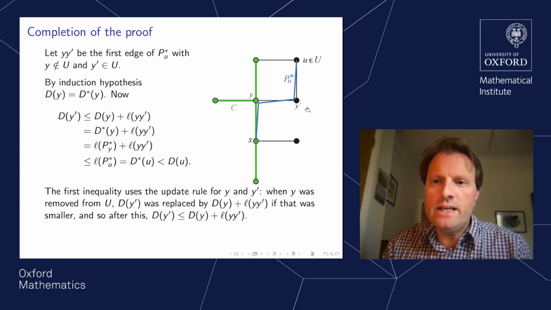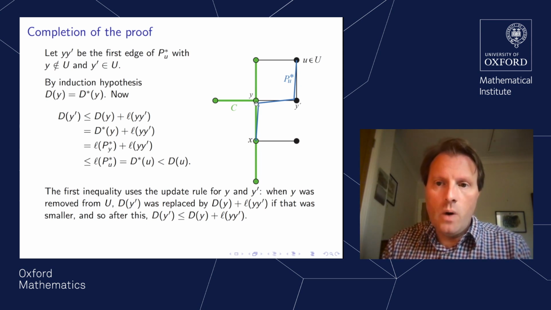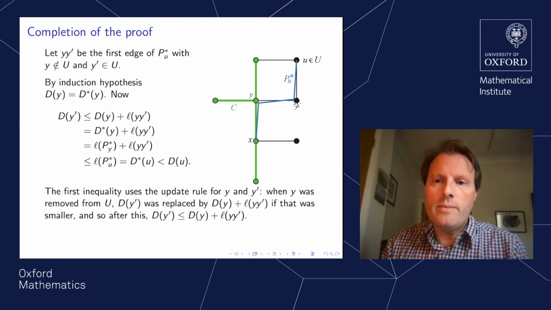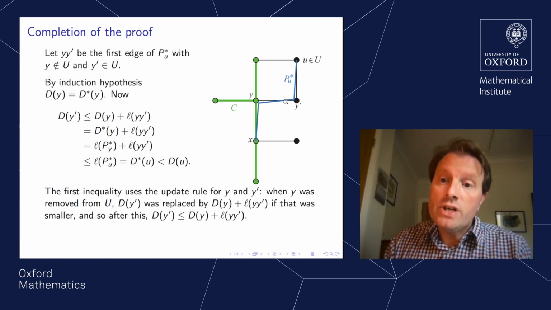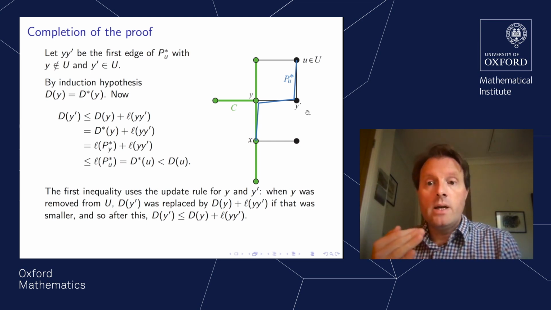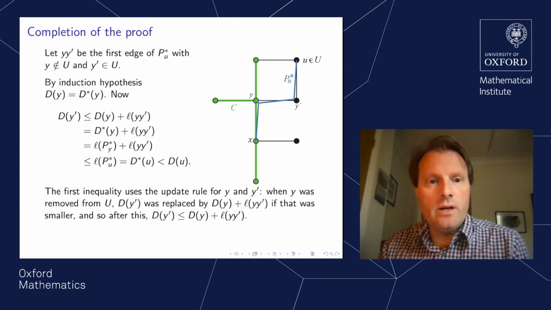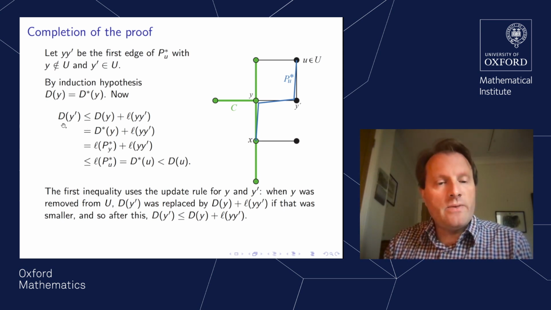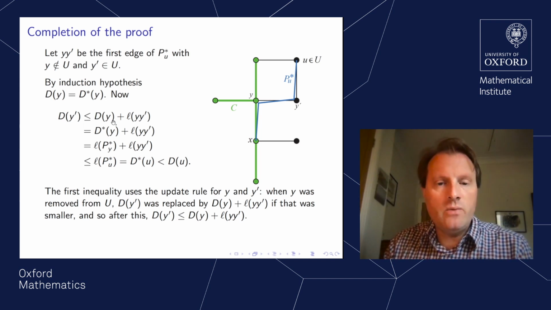So we would have looked at the d value for y primed and we would have said, is it strictly greater than the d value of y plus L of y y primed? And if it was, we would have decreased the d value of y primed down to that value. Well, maybe at later steps in the algorithm, the d value of y primed went down even further. But that's fine. We get the inequality that d of y primed is less than or equal to d of y plus L of y y primed.